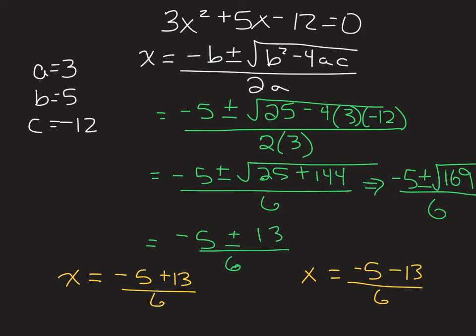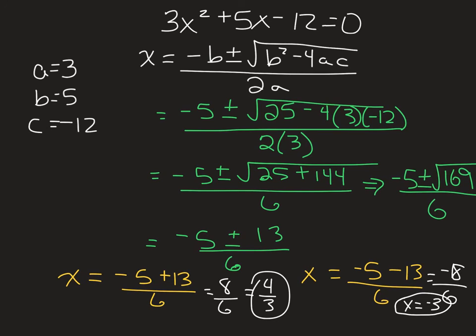So negative 5 plus 13 is 8 over 6, and let's reduce that to 4 over 3. So x is going to be 4 over 3. And then on the other side, x is equal to negative 5 minus 13 over 6. Negative 5 minus 13 is negative 18. Divide that by 6, so x is going to be equal to negative 3. So here x is equal to 4/3 and x is equal to negative 3. Those are your two solutions.